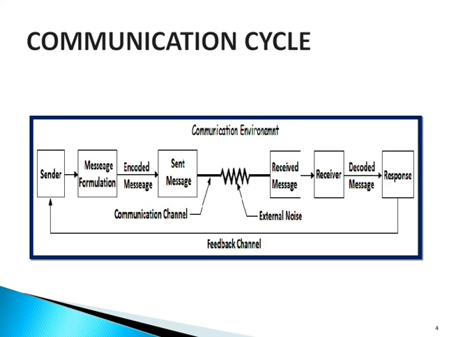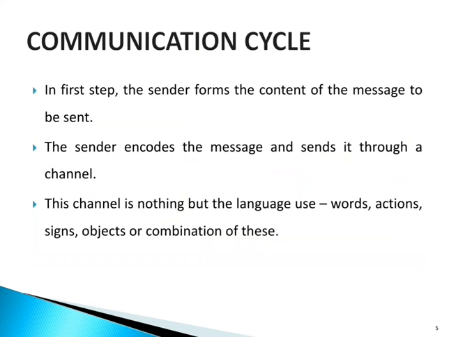It includes a series of correlated actions and relations which collectively result in the sharing of meaning. Noise or barriers of communication may arise at any stage. Feedback is a fundamental aspect of communication. So to identify how communication works, let us see every component.